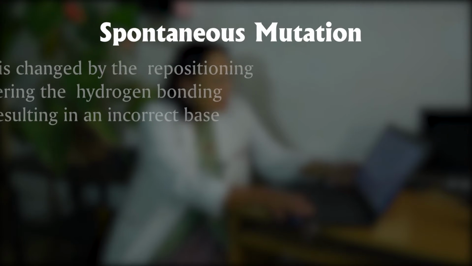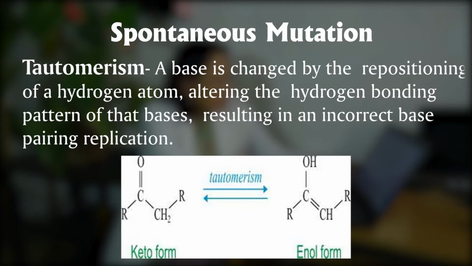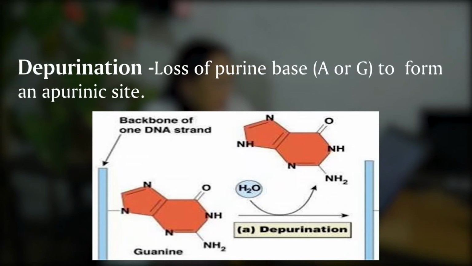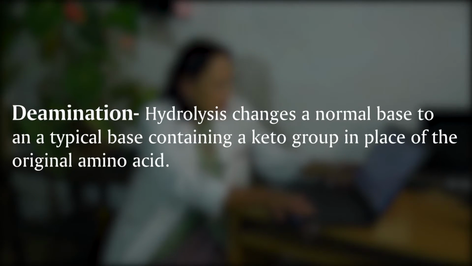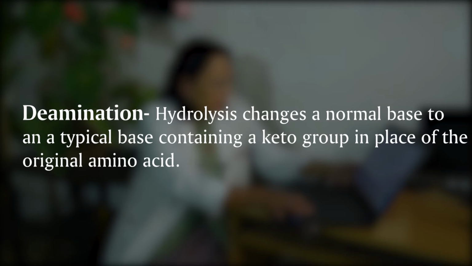Spontaneous mutation is caused by tautomerism, where a base is changed by the repositioning of a hydrogen atom, altering the hydrogen bonding pattern of that base, resulting in incorrect base pairing during replication. It is also caused by depurination, the loss of purine base A or G to form an apurinic site, and by deamination. In deamination, hydrolysis changes a normal base to an atypical base containing a keto group in place of the original amino group.